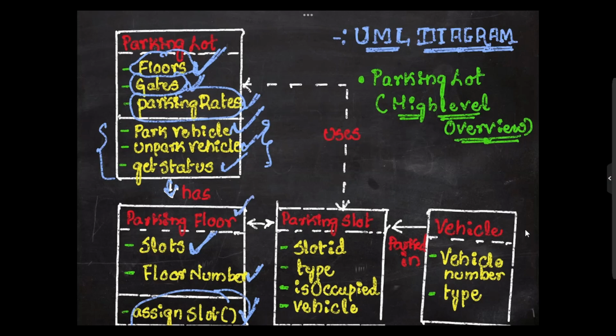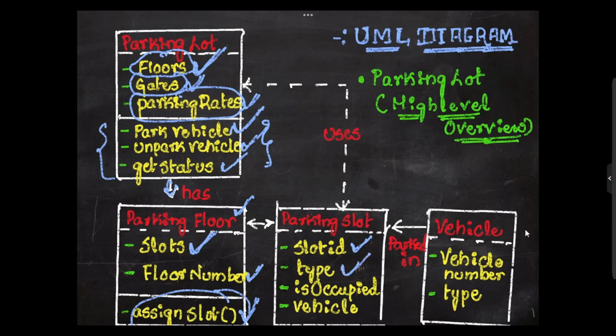Then the parking lot uses parking slots within the parking floor. A parking slot consists of the slot ID. Along with the slot ID, it consists of the type as well.